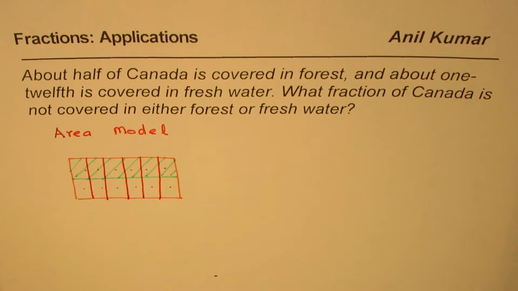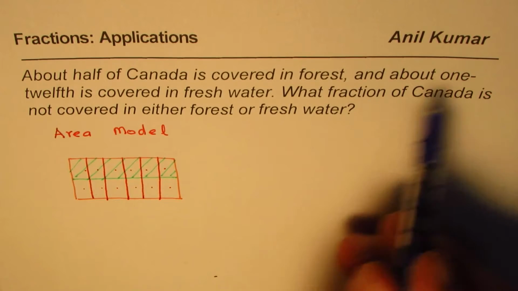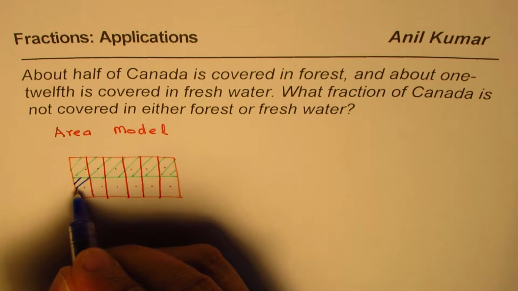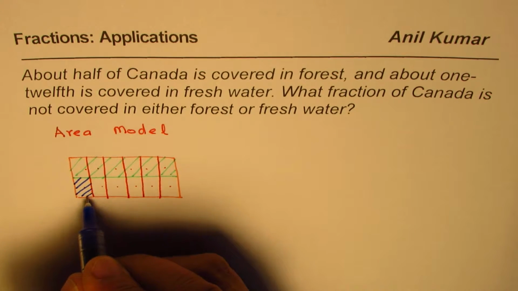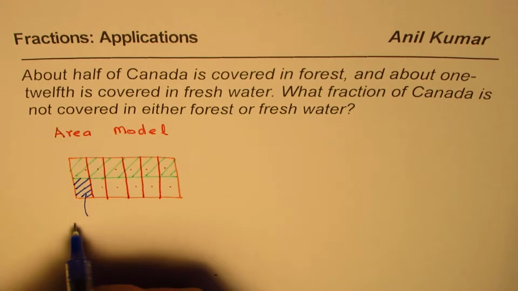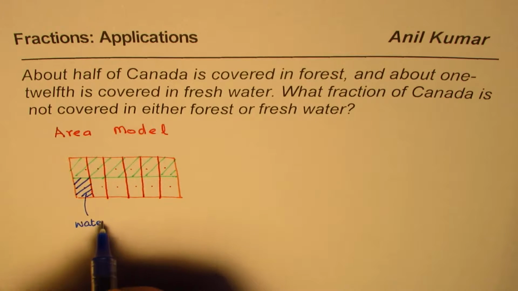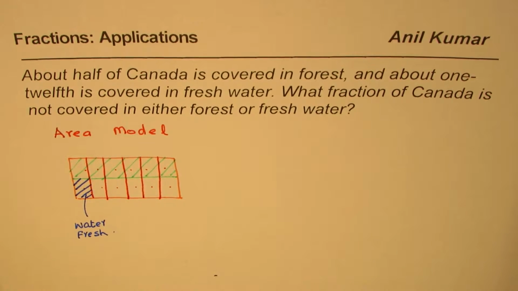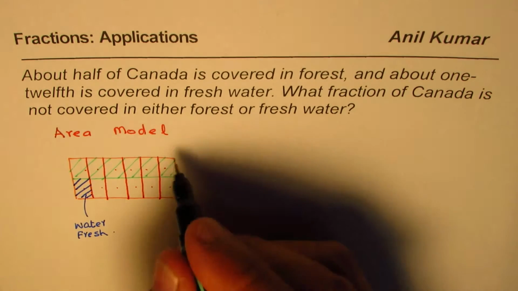And what we are saying here is that about 1/12 is covered in fresh water. So one of these 12 parts we will cover with fresh water, right? So that becomes fresh water. And the forest part is this.